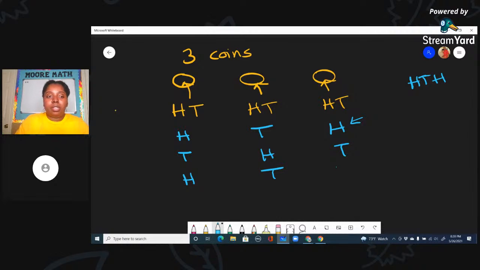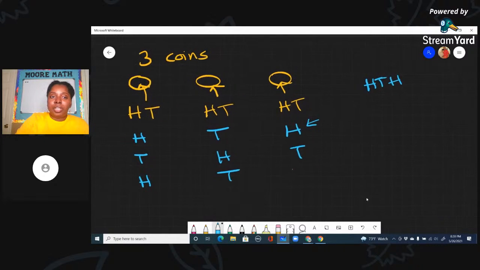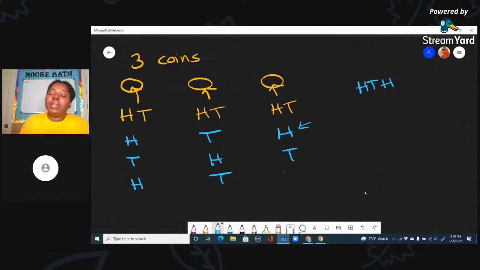I'm going to put my T's in a separate column, just so the ones that start with T, you can see the difference. Okay, HTT. Okay, keep going.